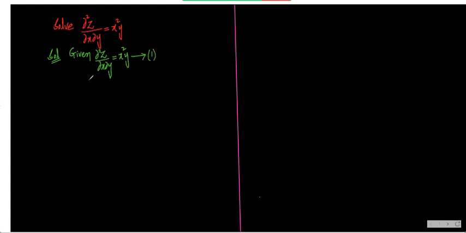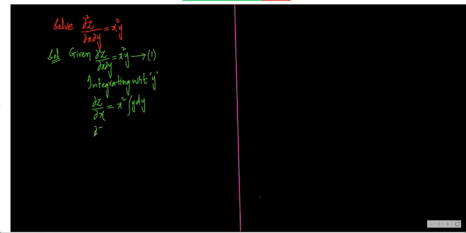Now tell me, integrating with respect to y. What's the answer? Dou z by dou x is equal to x square, as with respect to y, x square is constant. Integration of x square into dy.